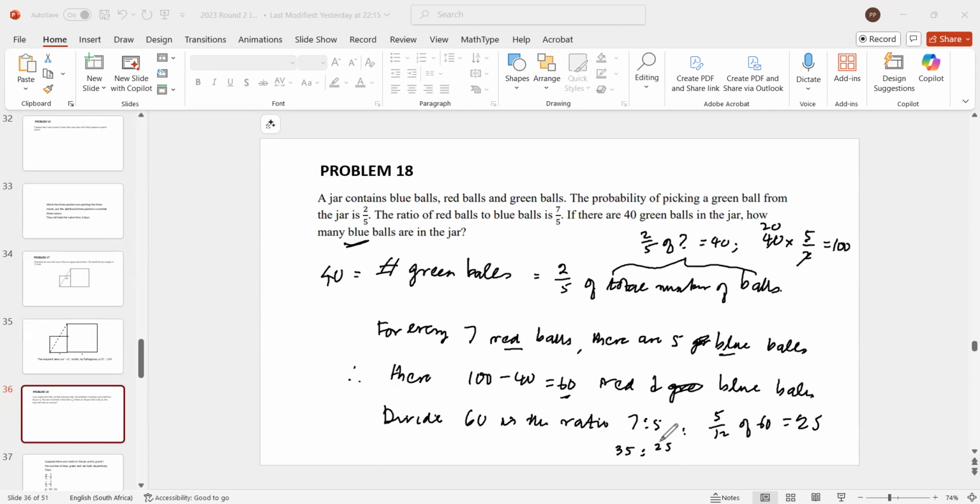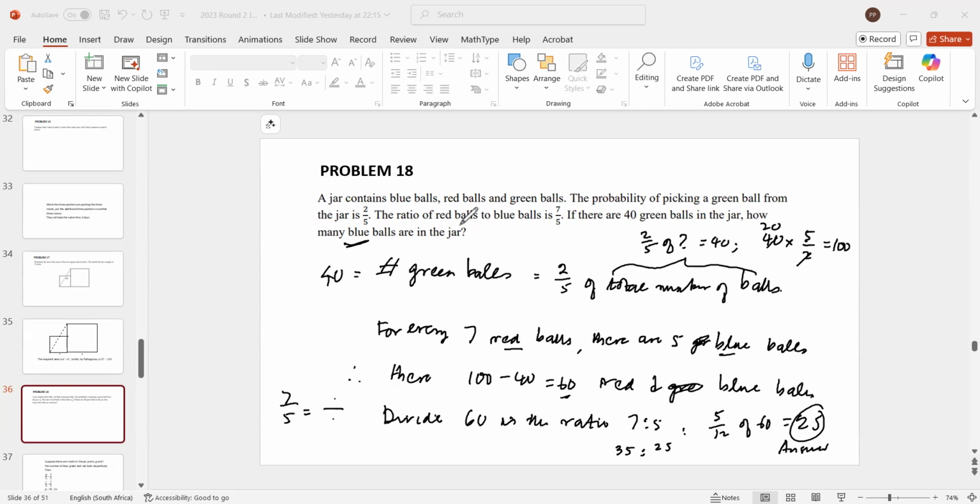These two must be the same, but they add up to 60 because this is the red and the blue. All right, so the answer is 35, 25. Because you wanted to know the number of blue balls.